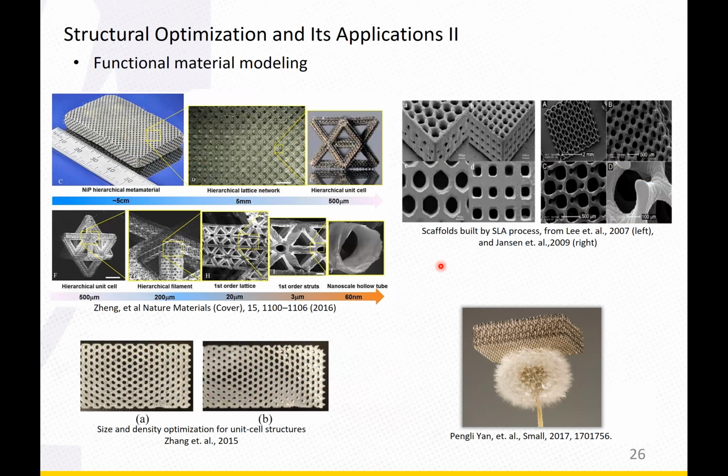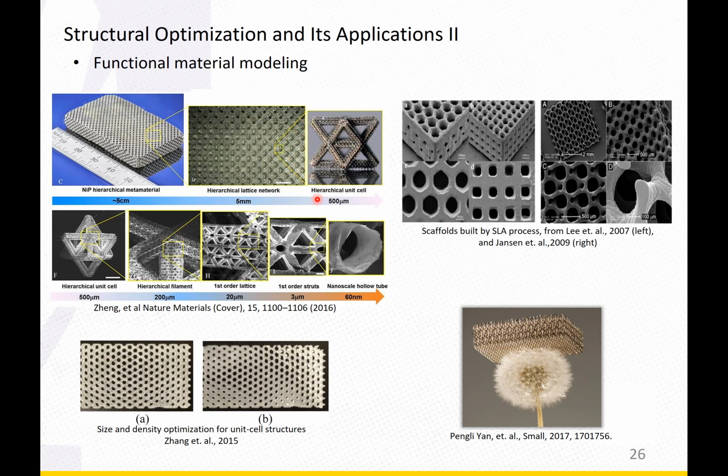So also for the small scales, this is again from Ryan Zheng at Virginia Tech. Different structures could give you different material properties and give you some functional material modeling capabilities. And again, how to come up with these patterns and how to decide the size and shape of these structures is still a very difficult problem.